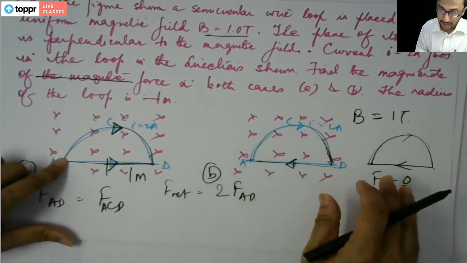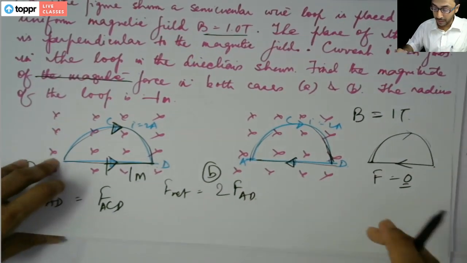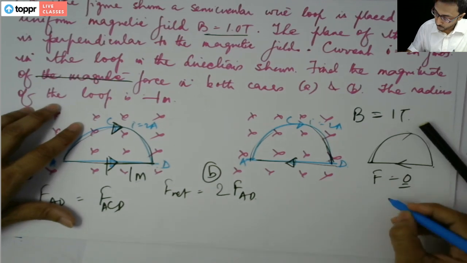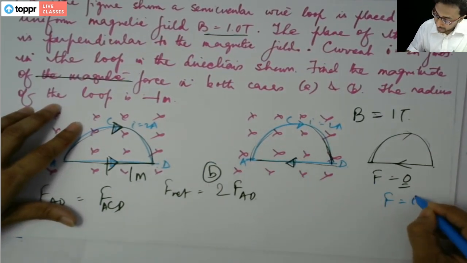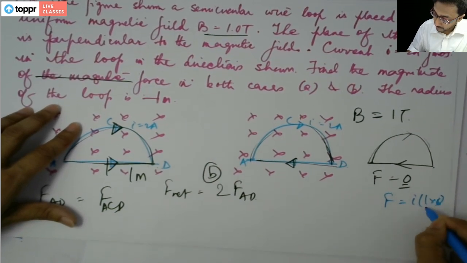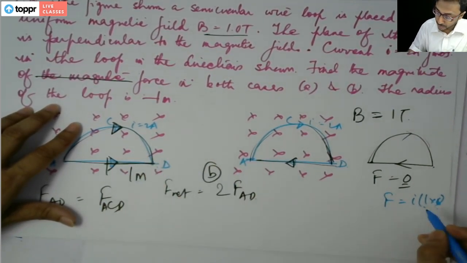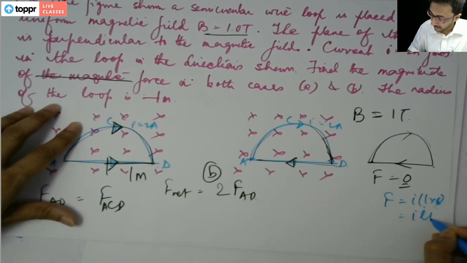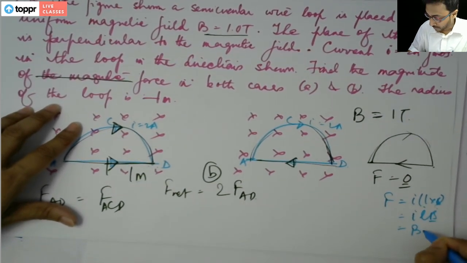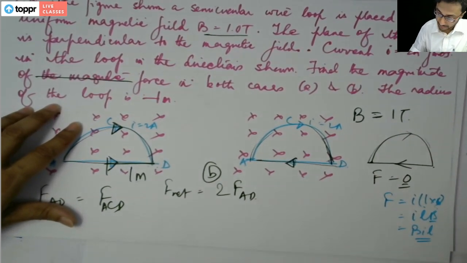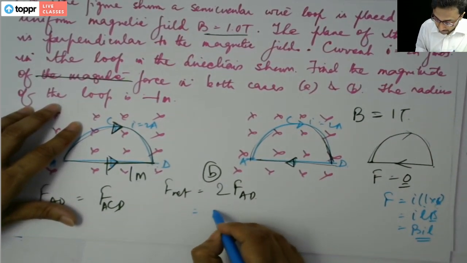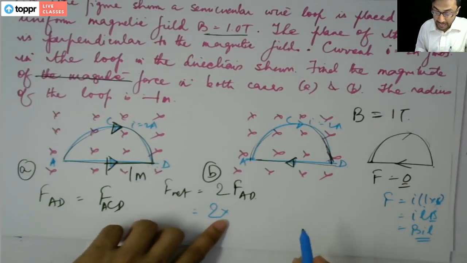F_AD is nothing but, if you remember the previous formula, the force is F equals I L cross B. Now L and B are perpendicular to each other, so it is nothing but ILB. To remember it very easily, we say it is BIL, right? Now it is 2 BIL.